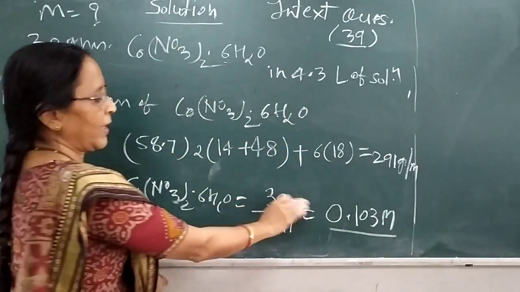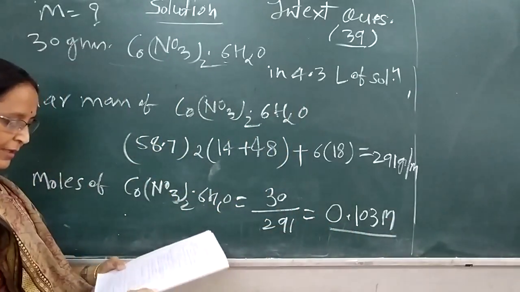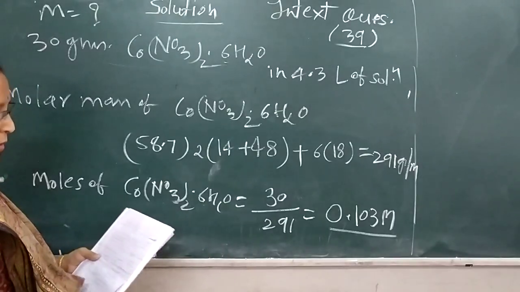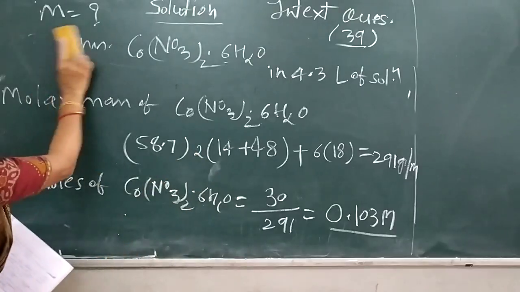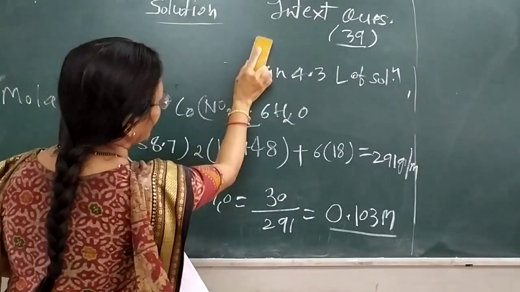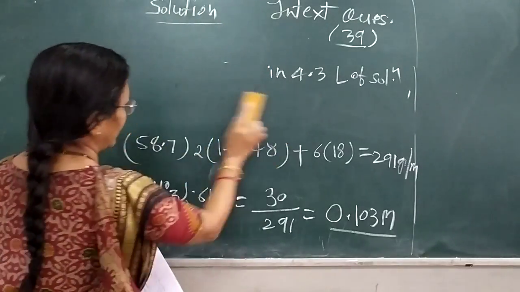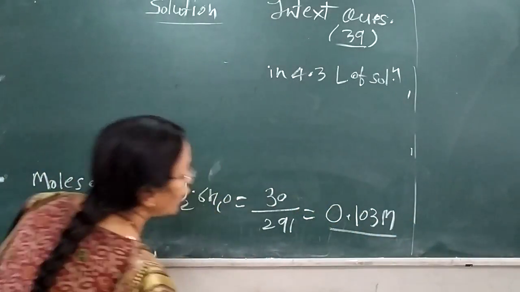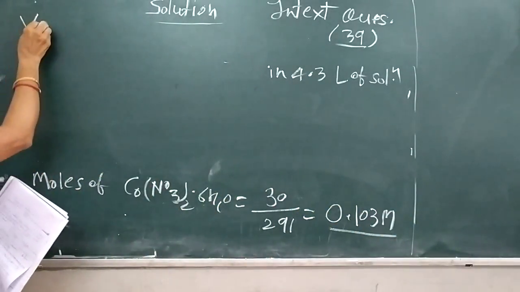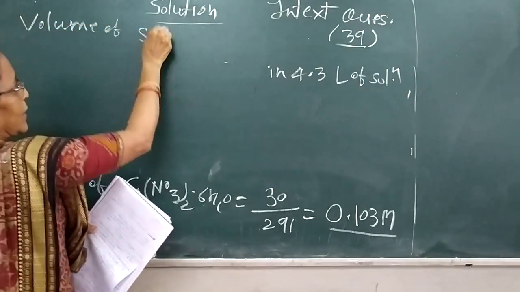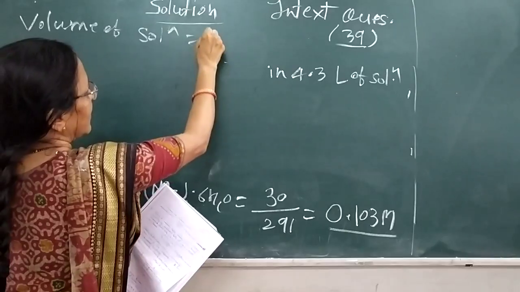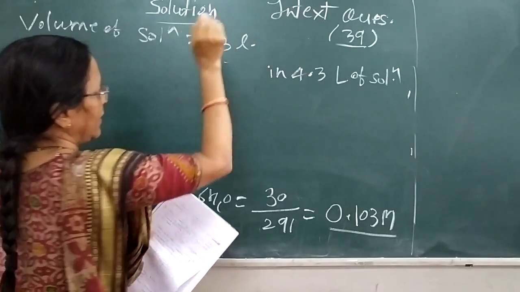If anything is wrong, then we have to rectify the mistake. Now student, next, the volume of solution is given, 4.3 liter.